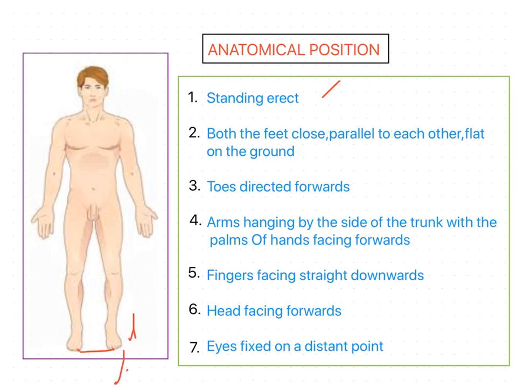The arms are hanging by the side of the trunk, with the palms of the hands, very important, facing forwards. The fingers are facing straight downwards. The head is facing forwards. The eyes are fixed on a distant point. This is the anatomical position.